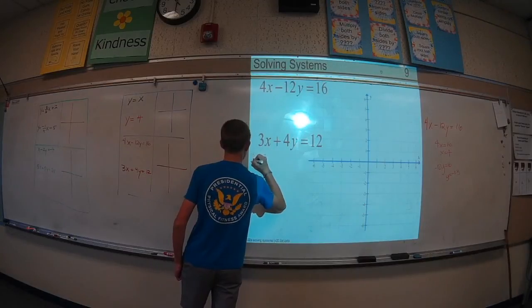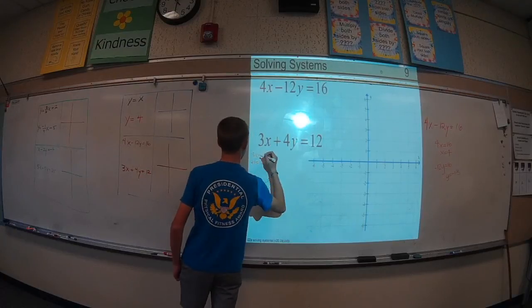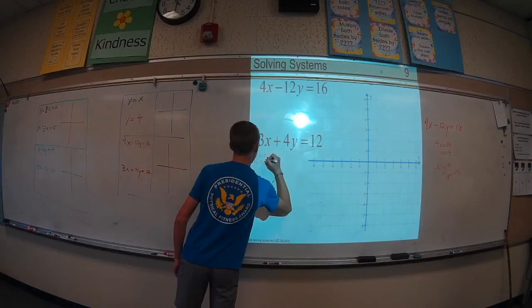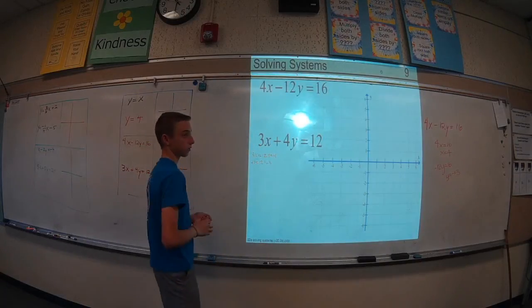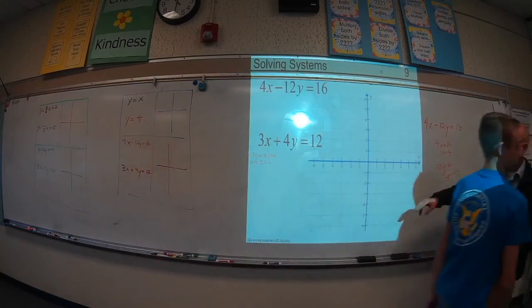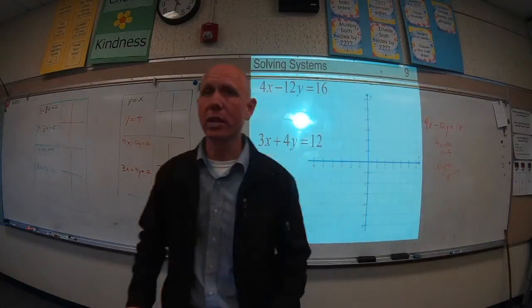You're writing down 3x equals 12, so x equals... Oh, gotcha. You're going to do it sideways. So x equals 4 and y equals 3. Cool. Paulette, I want you to plot x equals 4, y equals 3.